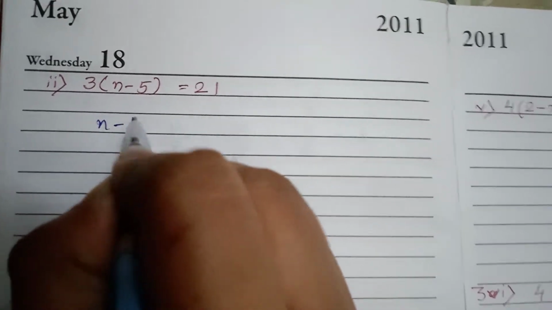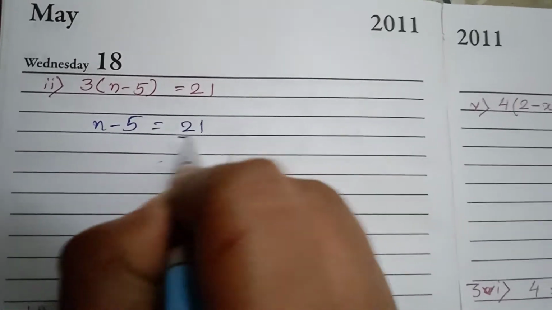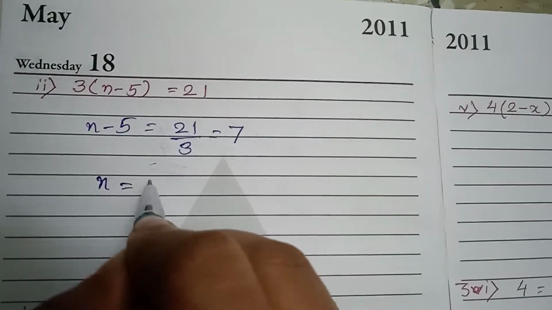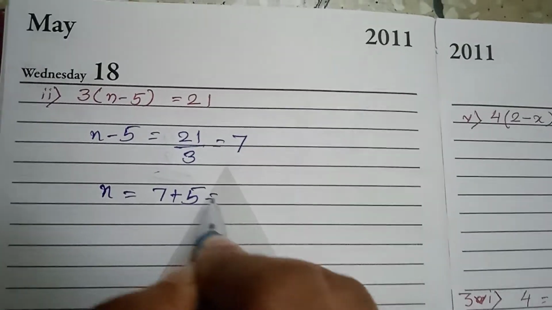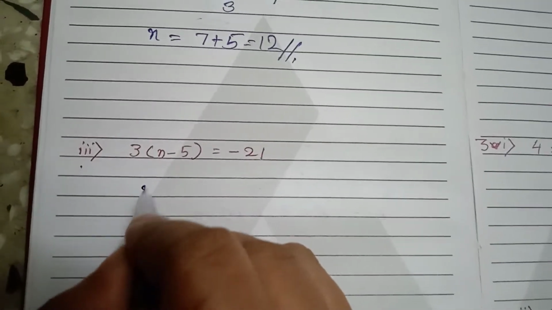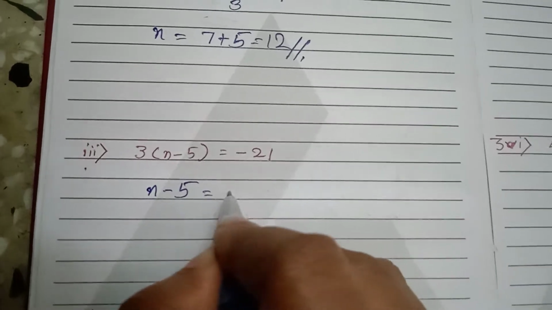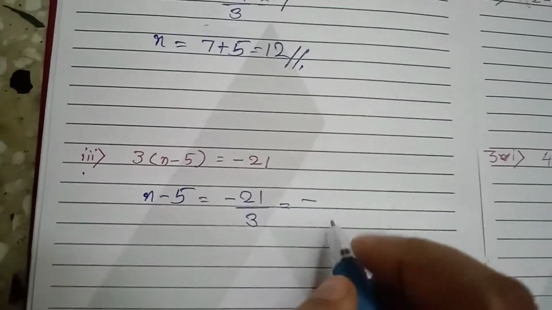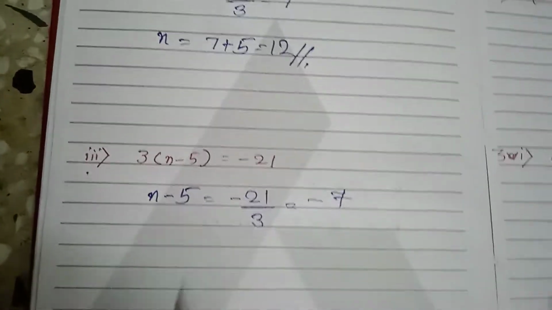So n minus 5 will be 21 divided by 3, which is equal to 7. So n is equal to 7 plus 5, which is equal to 12. Next, the same thing here, n minus 5 is equal to minus 21 by 3. So there is a minus sign, minus 7.